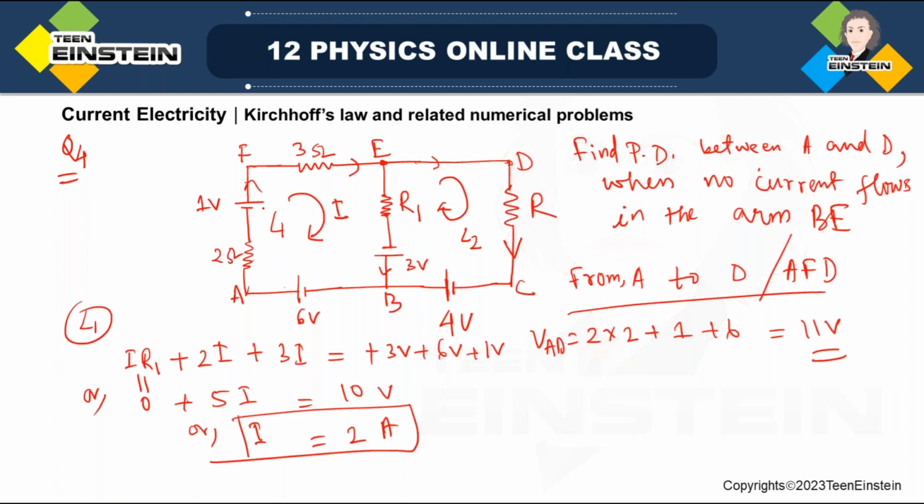Okay. 3 into 2, that is 5. Okay, let me write once again. A to D. I'm going from A to D. So A, see here, BAD. Voltage drop across this is 2 into 2.